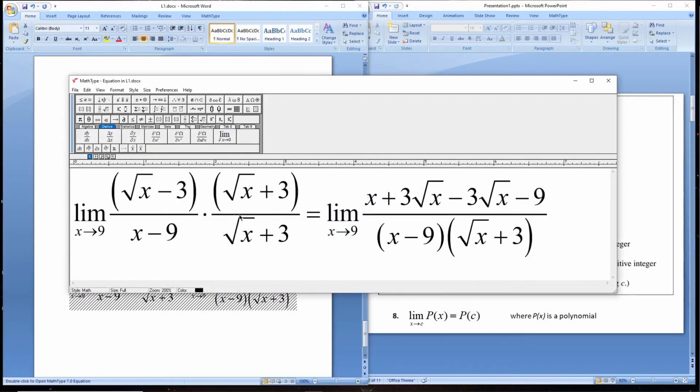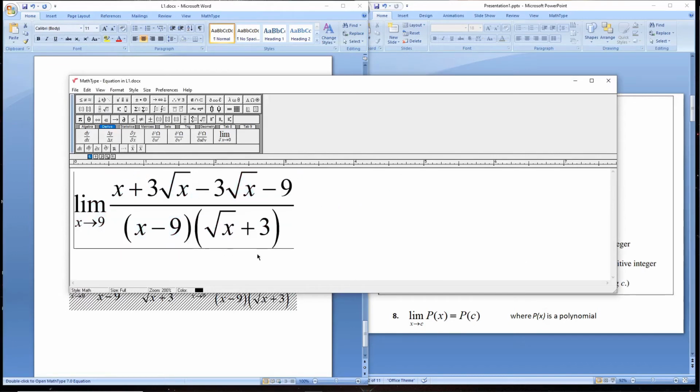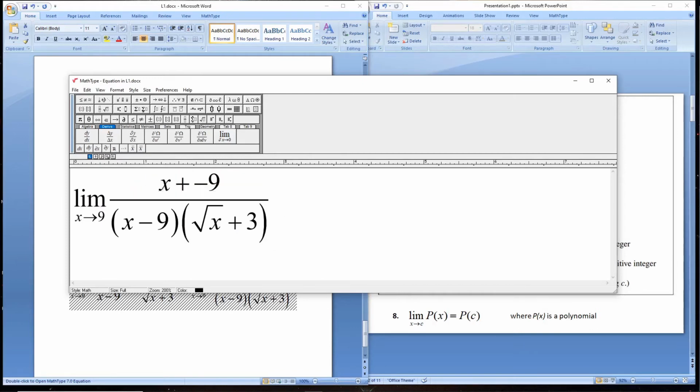And now we'll work on trying to clean this up. So first off, these 3 square root of x's will subtract out. And this is why I didn't distribute, because now this x minus 9 will cancel this x minus 9. And that's why you don't want to distribute here.